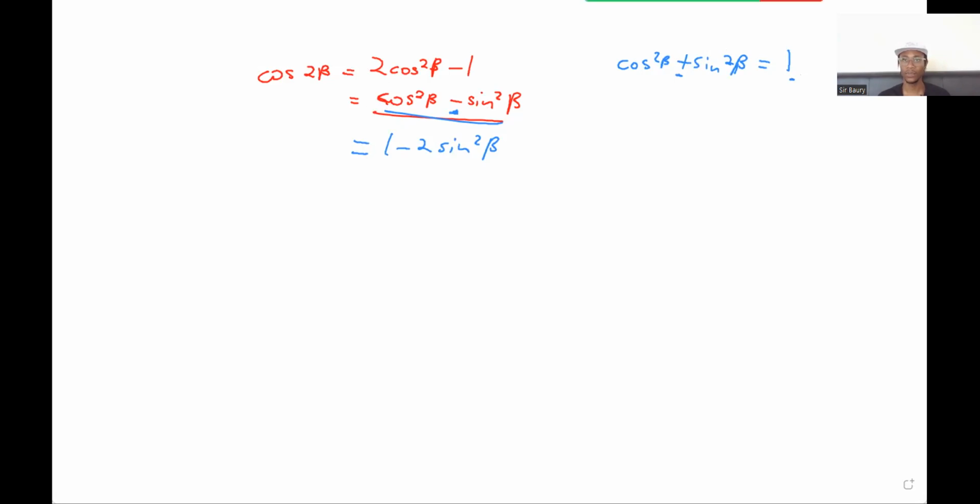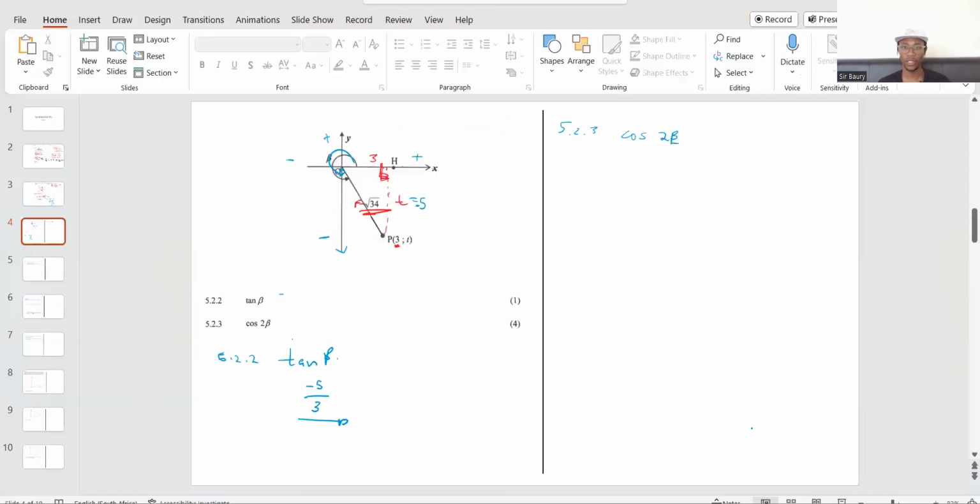Then going back to our equation, I can say this is equal to 2 cos squared beta minus 1. When I look at cos beta, it's going to be equal to x over r, right? So remember, cos is equal to x over r, and tan is equal to y over x.